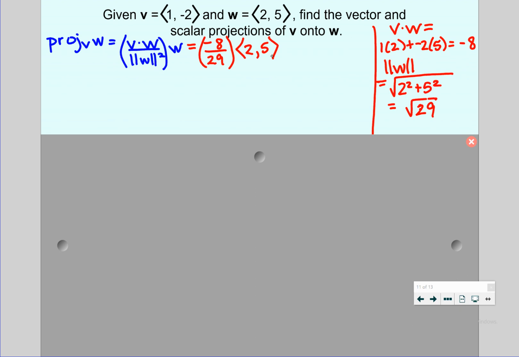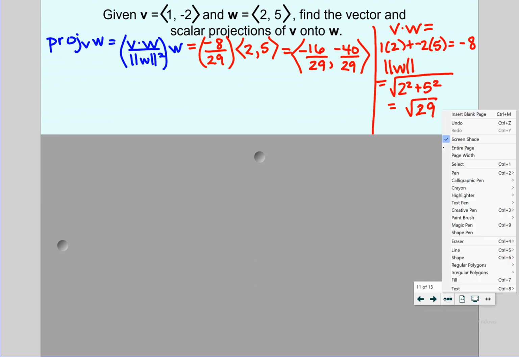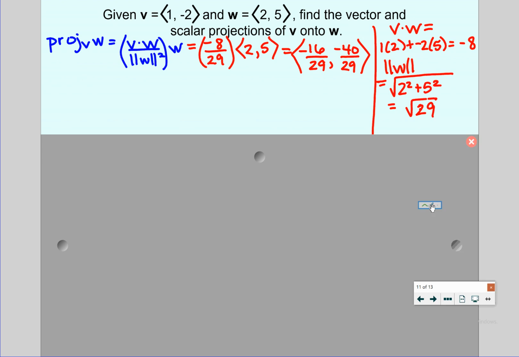And then all we do if we have a constant next to a vector is just distribute it in. So your vector projection is -16/29 and -40/29. And that's the first part of your answer. Okay, so that's the shadow. That's vector V on top of vector W.